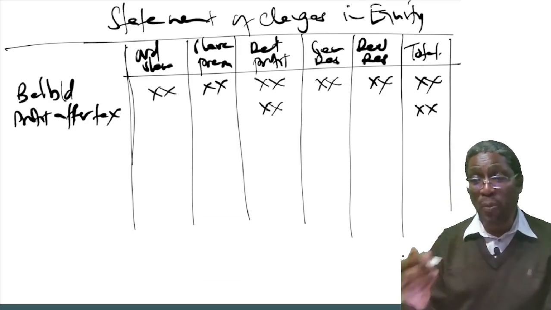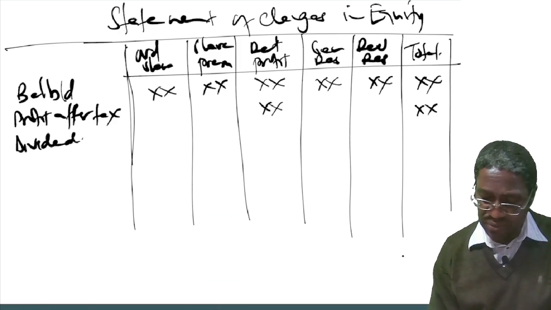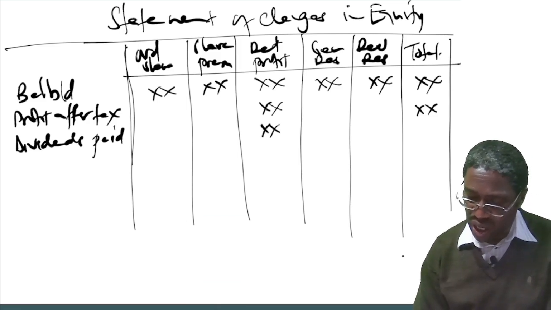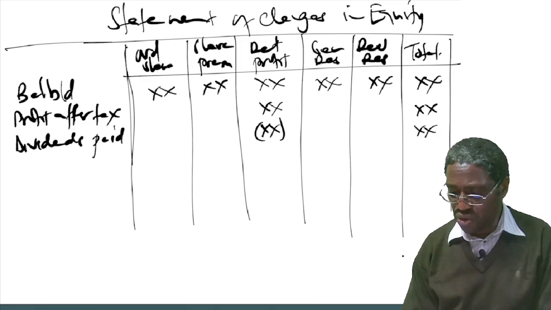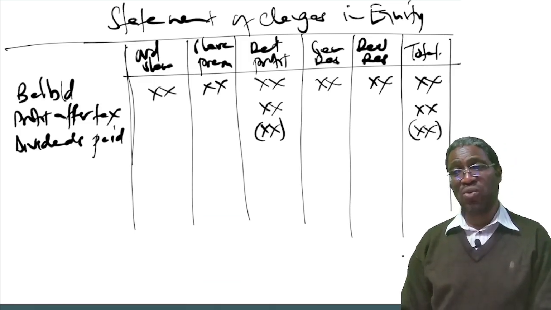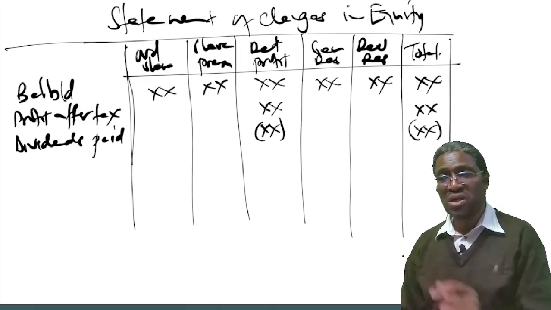Then you appropriate it. By what? By things like dividends paid. This year, what did we pay as dividend? You appropriate it from the profit, you minus. That will also reduce the total equity. Maybe you are also told by the question, 20,000 was transferred to general reserve.